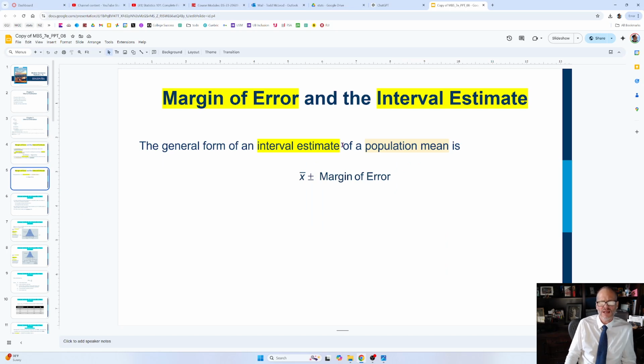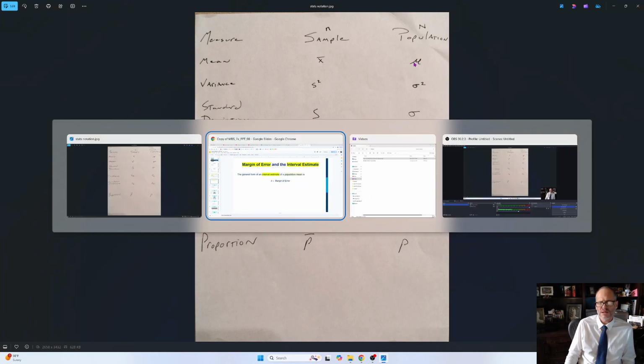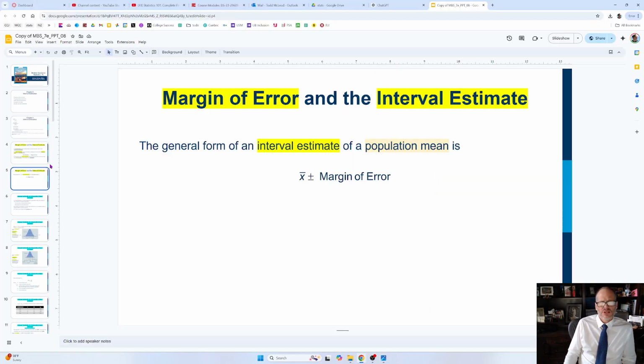You have to focus on the different notation: this is for a sample, and we use that sample to estimate the population mean, which is mu.